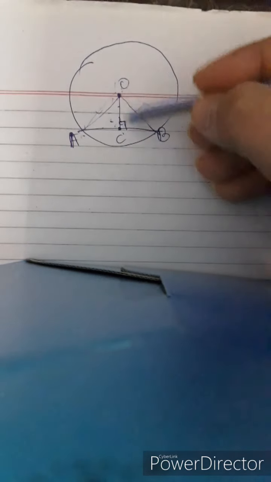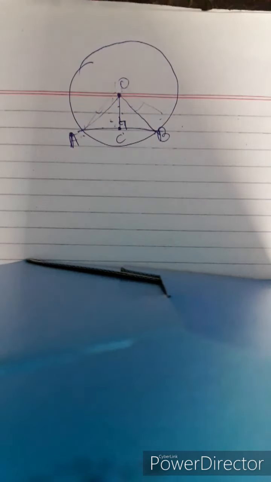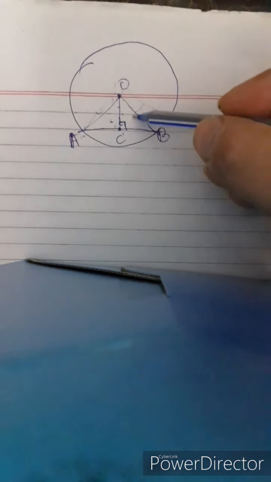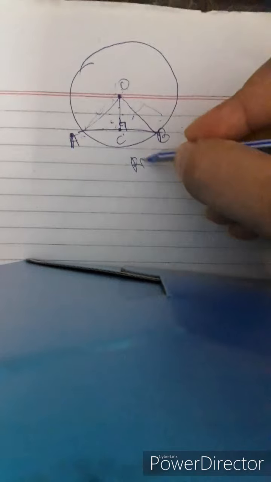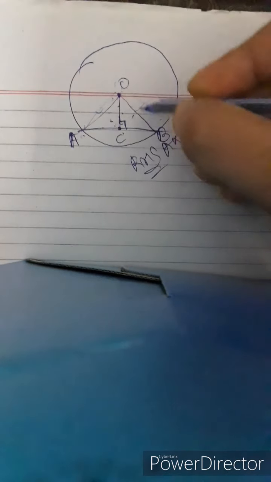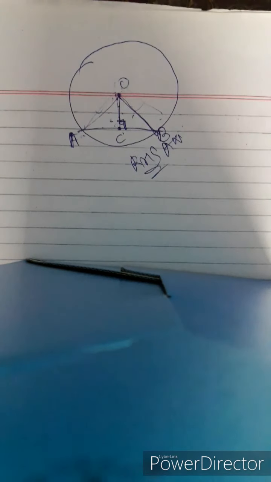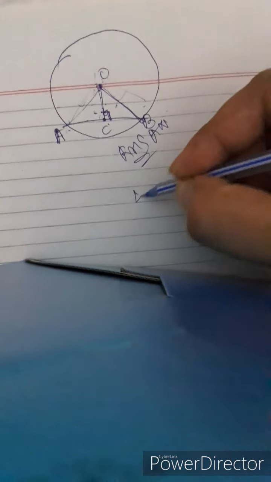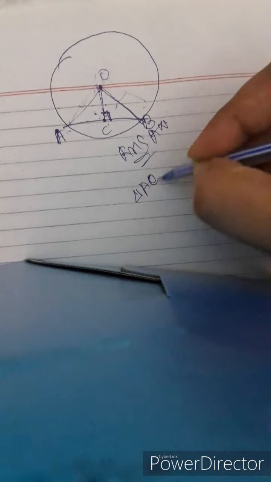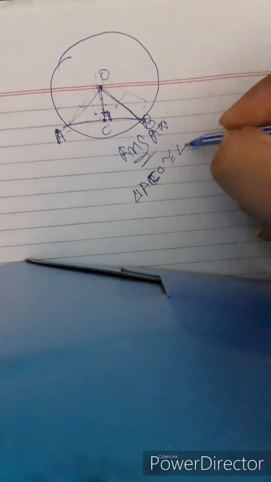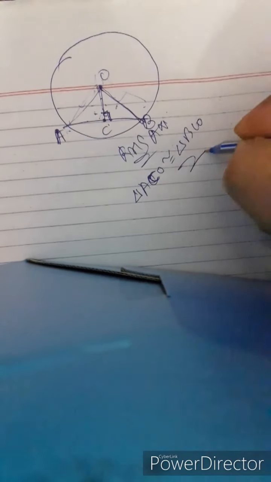So by the RHS axiom, the right angle, hypotenuse, side axiom, the triangles ACO and BCO are congruent to each other.